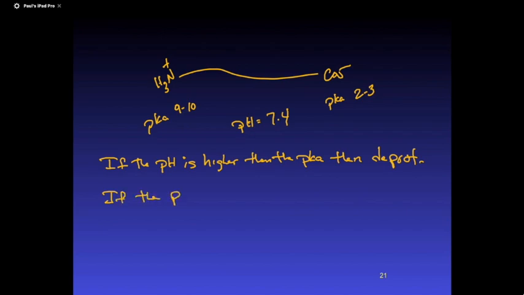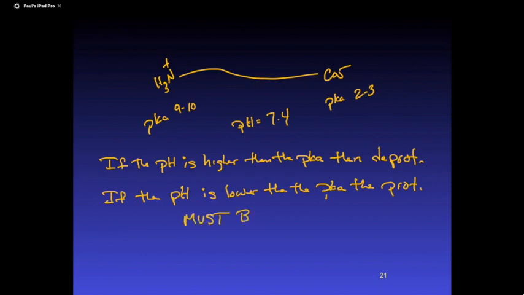If the pH is lower than the pKa, then protonated. Numerical value, 7, lower than 9, protonated.